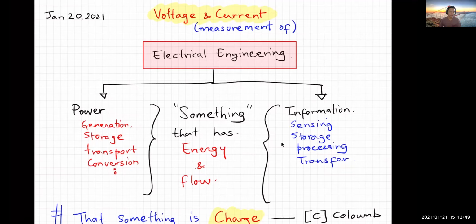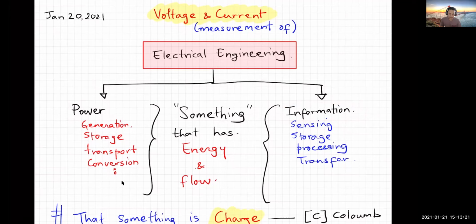You can have some things in between, or most of the time, both of these aspects of electrical engineering will have to come together in order to make a device. But the idea I'm trying to go for here is power is basically energy, and information is also mostly stored in some sort of potential energy, either electric or magnetic, right?